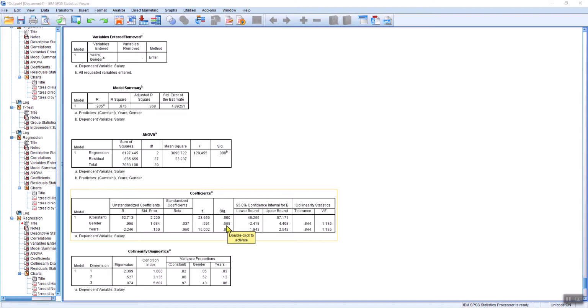Just remember that you need p equals 0.05 or less. Gender used to be significant with p equals 0.033, and now it is no longer significant at all, not even close. So what happened was that when we added years into the equation, gender got knocked out of significance.